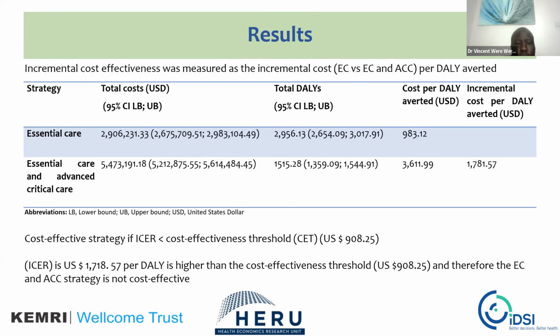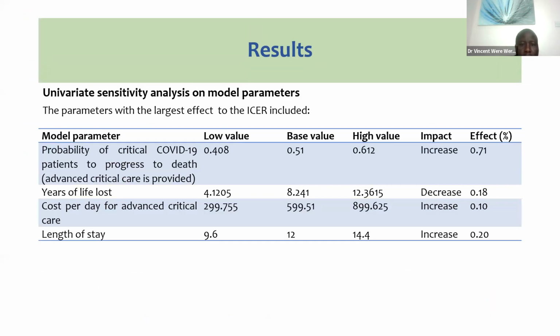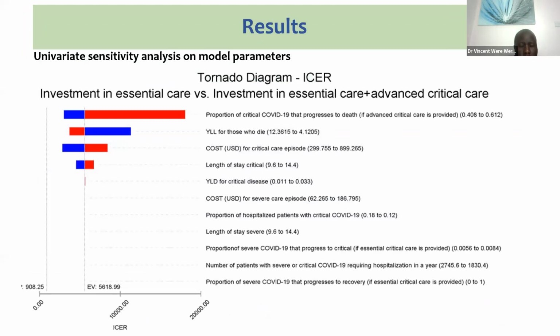And therefore you need to find a way of reducing the costs of providing advanced care. And we have provided them with a tornado diagram telling them that they must work around the first parameter. The proportion of patients that are progressing to death is quite high. The years of life lost, that means patients are dying at a very young age.